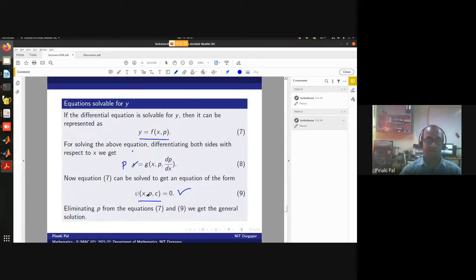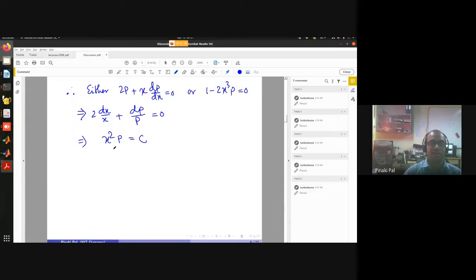Equation number 9 is a function of x, p, and c, the arbitrary constant: x squared p equal to c. Now we will eliminate p from this equation and the original differential equation.